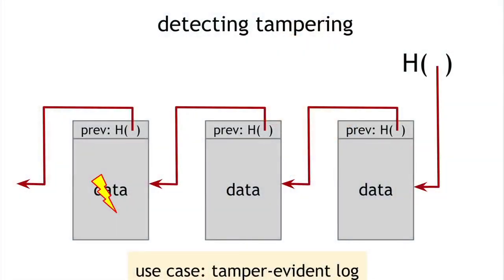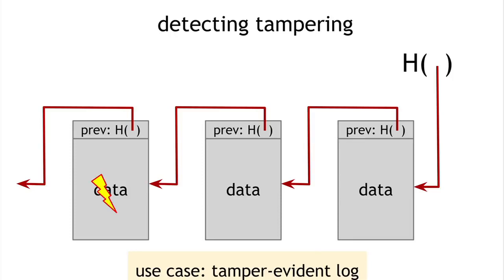Okay, so let's assume that an adversary wants to tamper with this block down here. He wants to change the data here, and he wants to do it in such a way that we, the holders of the hash pointer at the head here, won't be able to detect it. All right, so the adversary changed the contents of this block, and therefore the hash here, which is a hash of this entire block, is not going to match up.